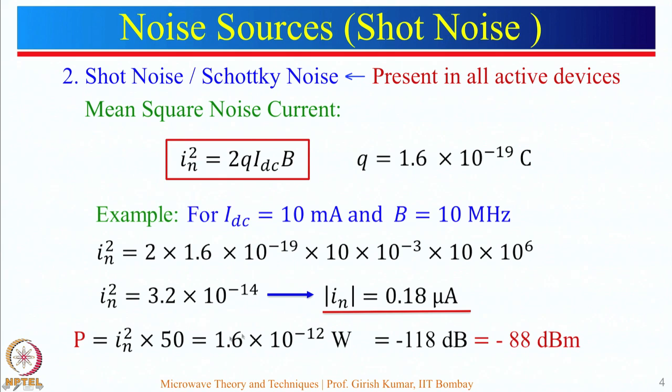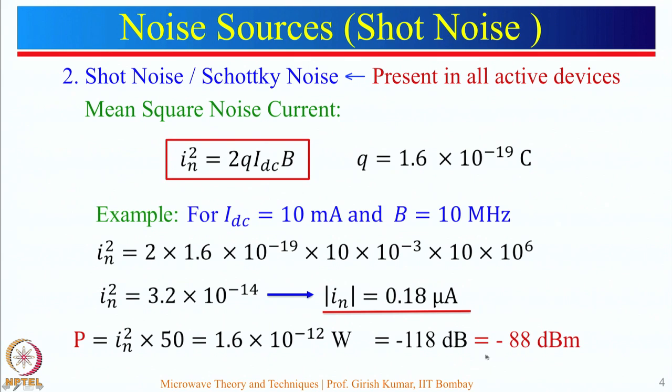So, let us calculate what is the noise power due to this particular noise current. To do the power calculation, we have to assume the value of the resistor. For most microwave circuits, the resistance value is typically taken as 50 ohm. So, P will be IN square into 50, and that comes out to be minus 118 dB, which is minus 88 dBm.